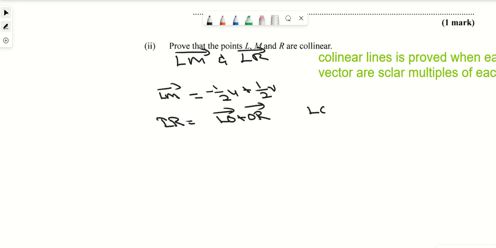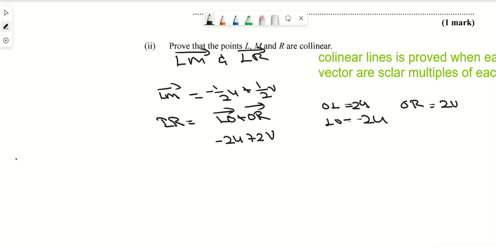We already know that OL, they told you that OL is equal to 2U, so LO would be minus 2U, right? And then OR is also 2V. So it will be minus 2U plus 2V. So LR is equal to minus 2U plus 2V.